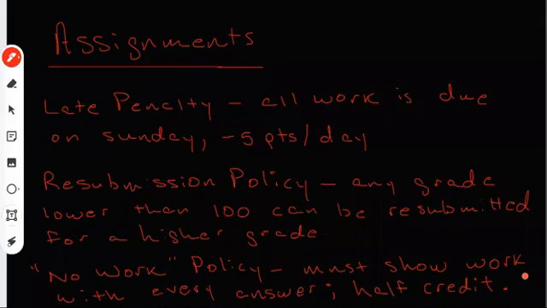If you just jot down an answer, I have no idea to know if you're cheating or not. So that's why I'm giving you that half credit. So you can't pass without showing work. I want you to show work for every single answer so you can get that full credit that you deserve, right? So that's the no work policy.